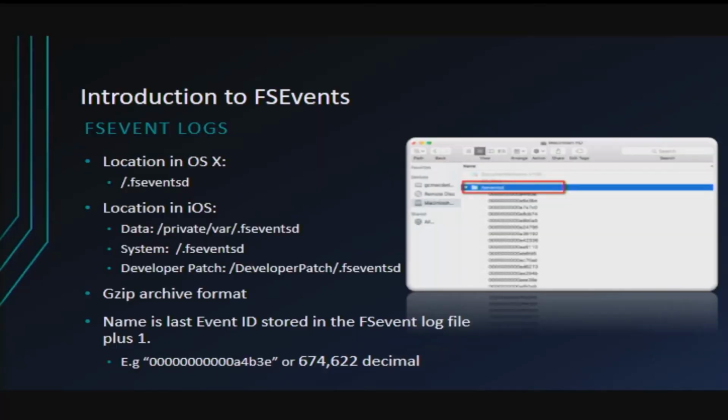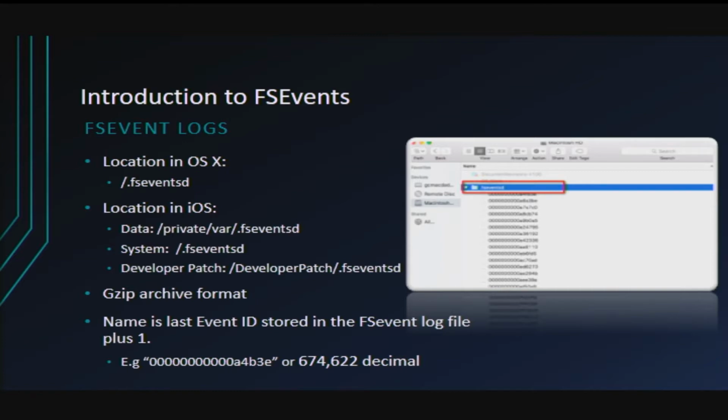So let's look at the location of FSEvent logs. Within OS X, these are located within the system partition, in the root directory of it, in /.fseventsd. For iOS, there are multiple locations that have been observed. On the data partition, in private/var/.fseventsd, you'll find user-related activity.